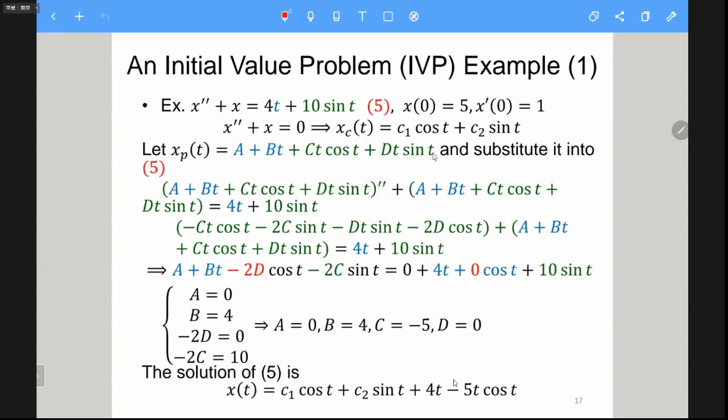But this will excite this homogeneous solution, so we need to multiply it by t here. Okay, so we can just plug this into equation 5.